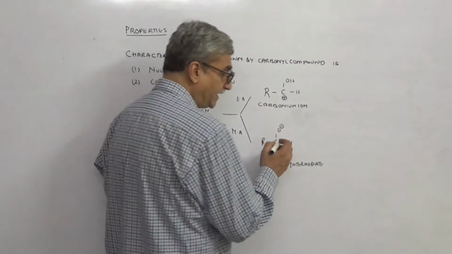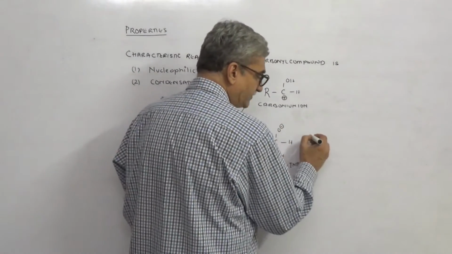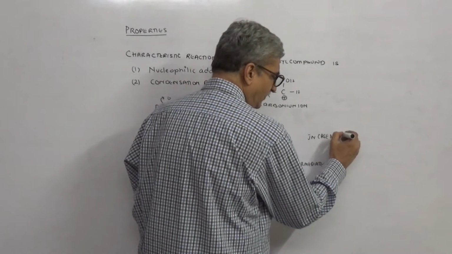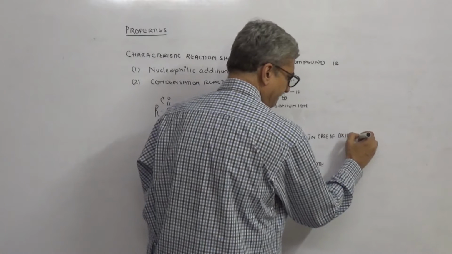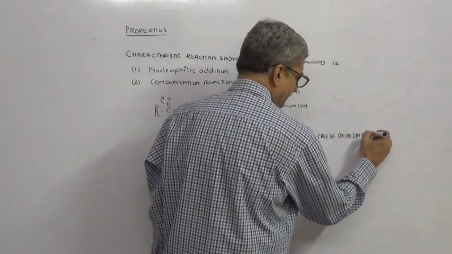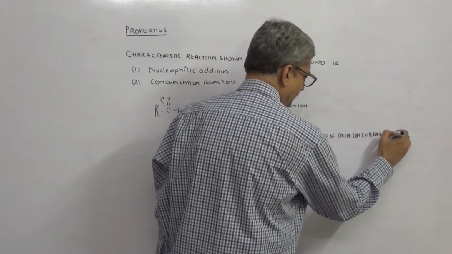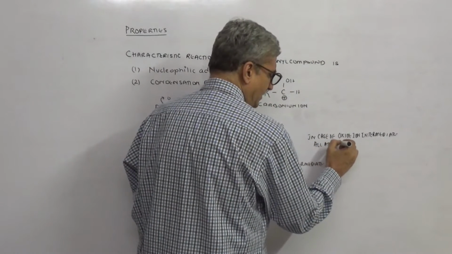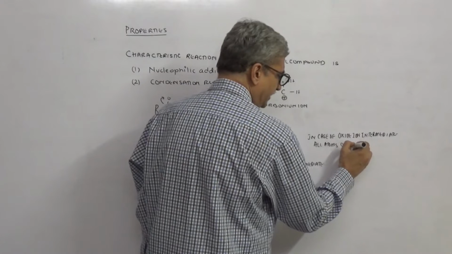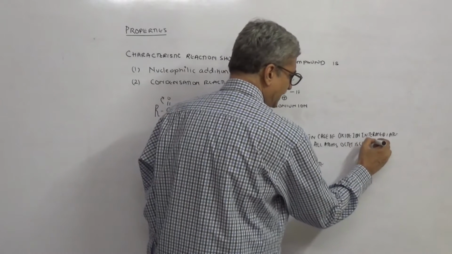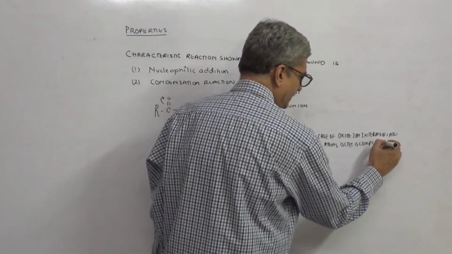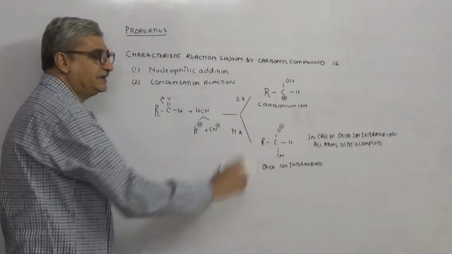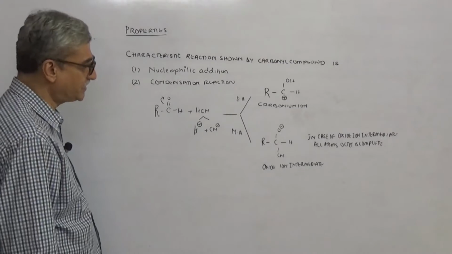Because in the oxide ion intermediate, all atoms have their octet complete, whereas in the carbonium ion the octet is not complete. So this is the first logic.